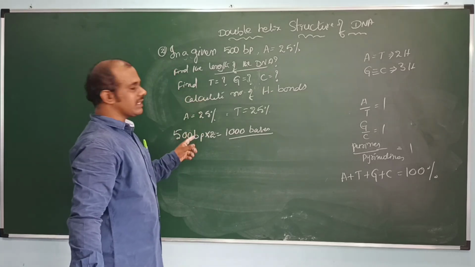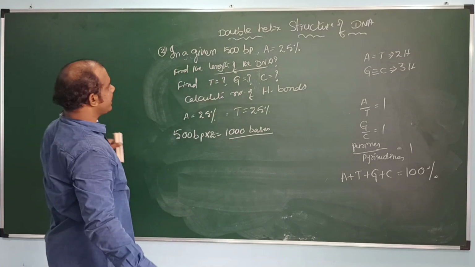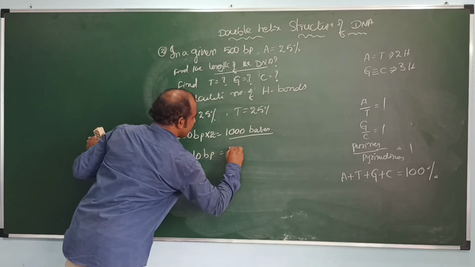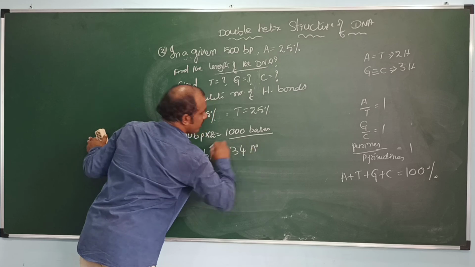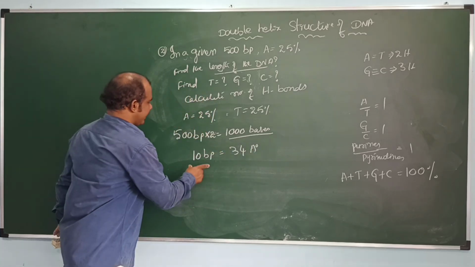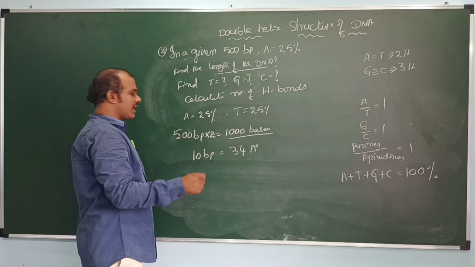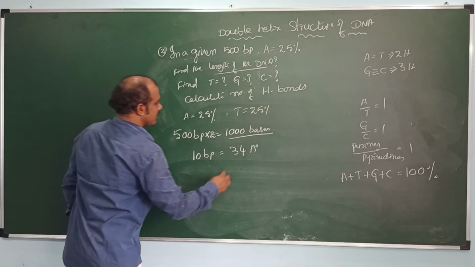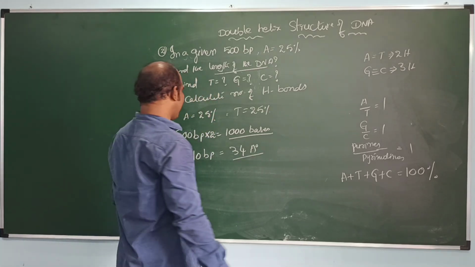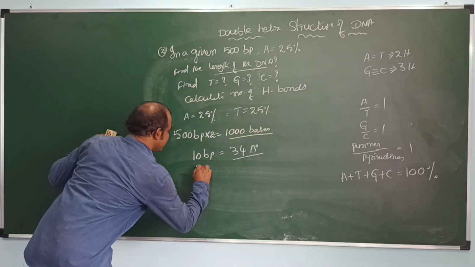Now what is the percentage of A? 25%. Let us find out the length of the DNA. 10 base pairs, the length of the pitch, is equal to 34 angstrom units according to the Watson-Crick model of DNA. 10 base pairs make one full turn of the pitch, which is 34 angstrom units, as we mentioned earlier. How many base pairs are present here? 500 base pairs.